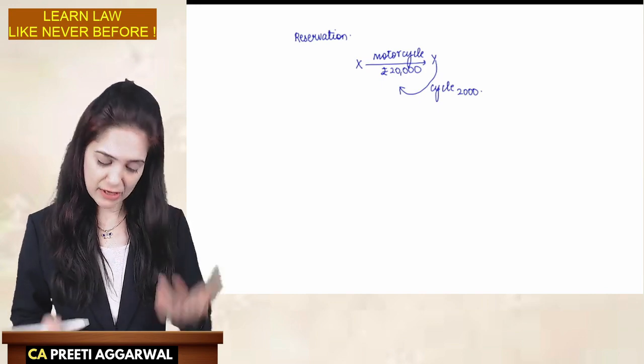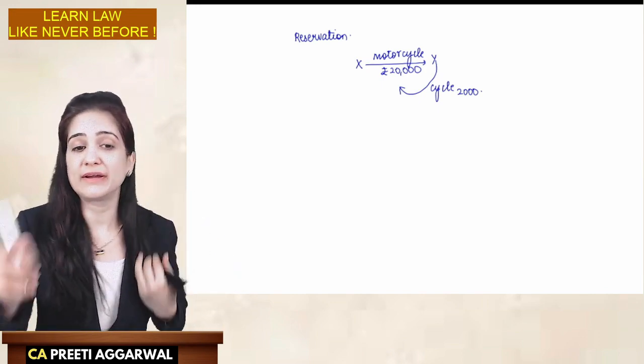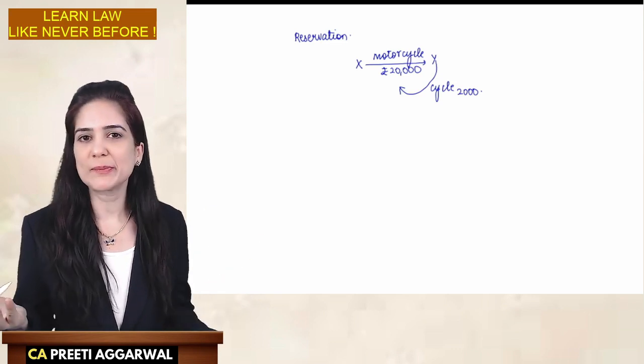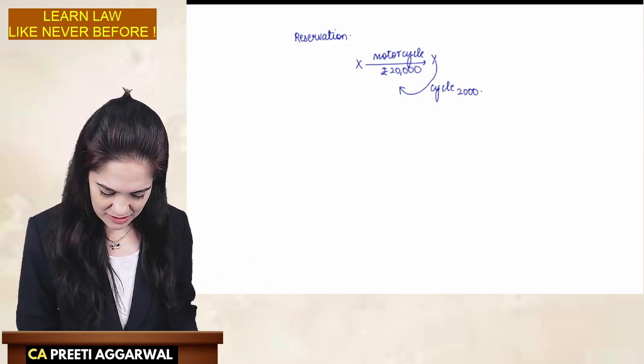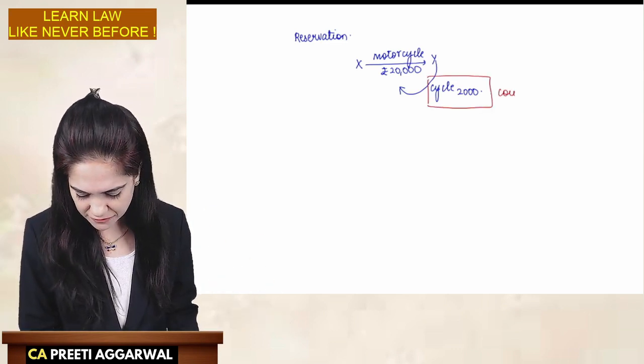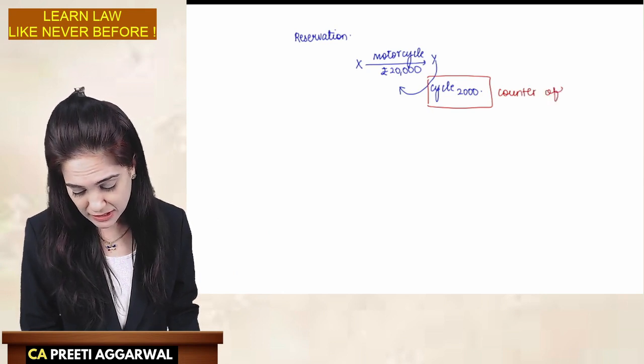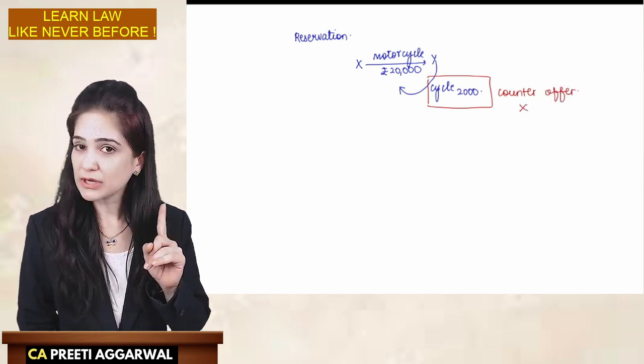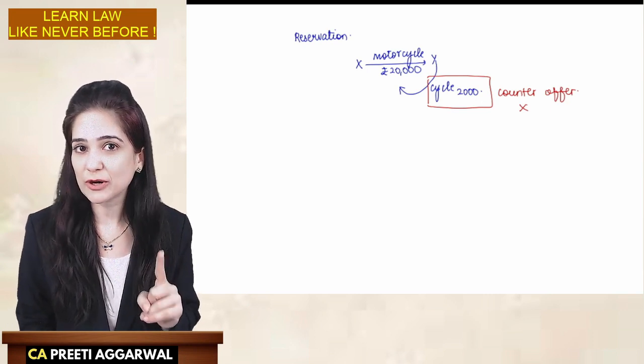So here you are making a reservation that I will buy provided you buy this. This is not acceptance. In fact, this is a counter offer. And counter offer does not amount to acceptance. It's a new offer altogether.